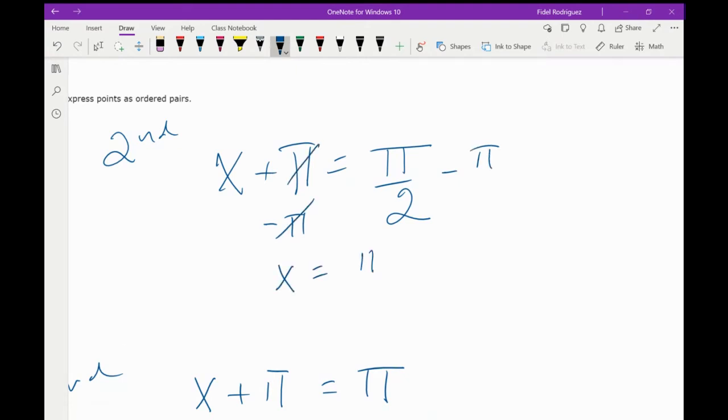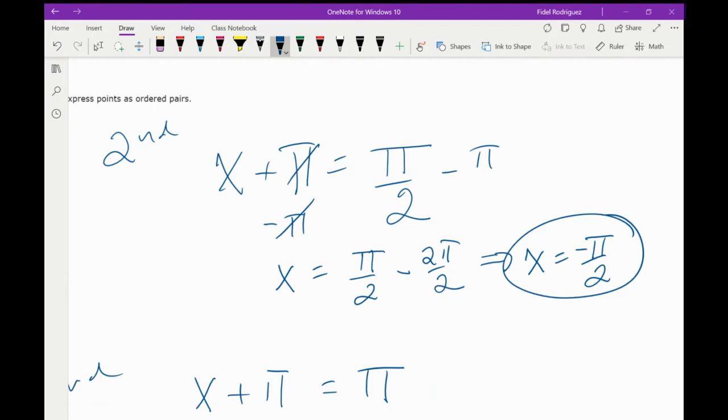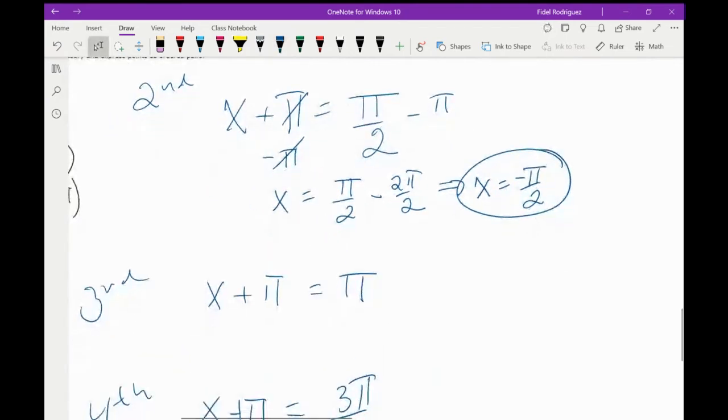Can I think of this like this? Pi over 2 minus 2 pi over 2, which should give me negative pi over 2. Perfect. There's my second point. So far we're doing good? Everybody? Javier, am I doing okay? Just checking with you guys. Want to make sure you're all good here.